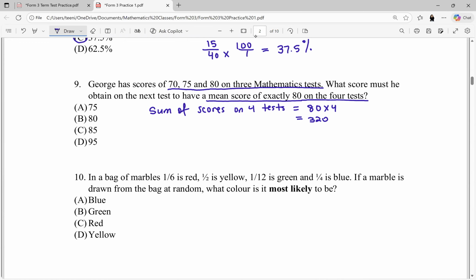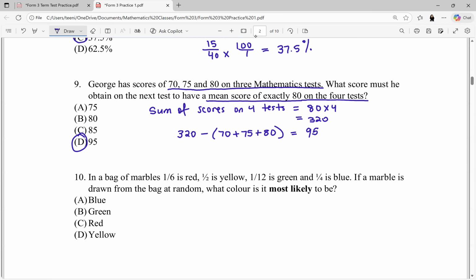That would tell you what score he has to get on the fourth test. So you'll have to do 320 take away the sum of 70 plus 75 plus 80 to see the number of marks that he has to make up. So 320 take away 70 plus 75 plus 80 would be 95. Correct. Good job, Matthias. Safira, do you understand now?